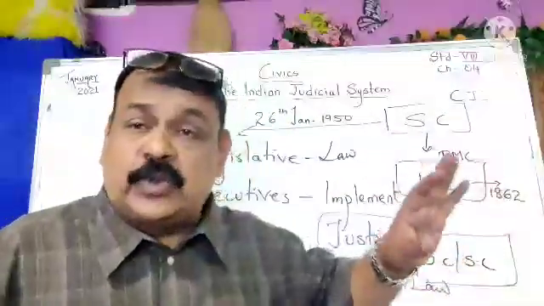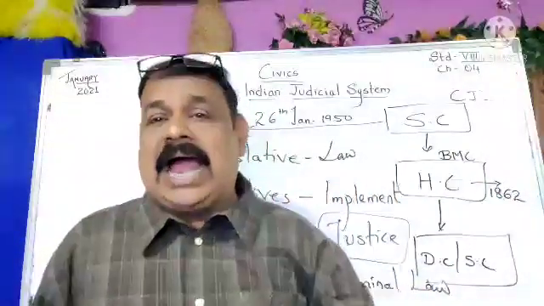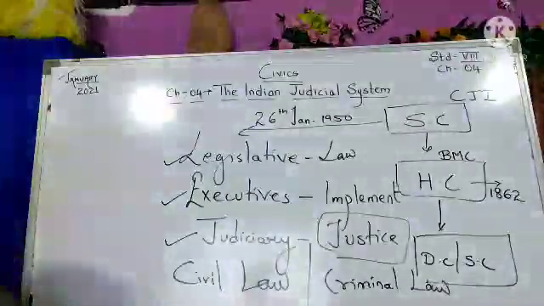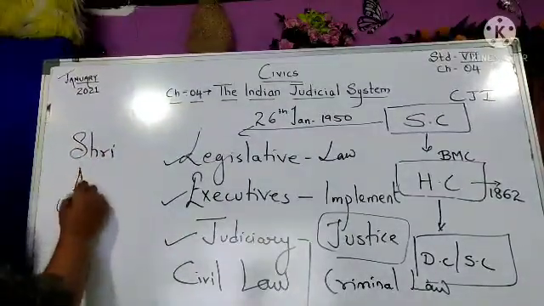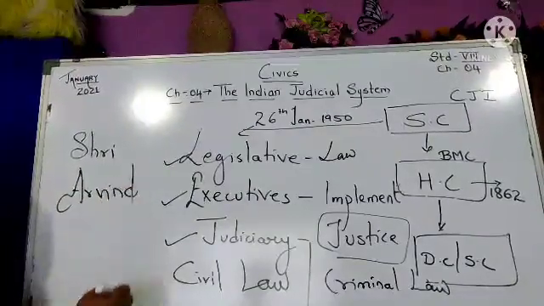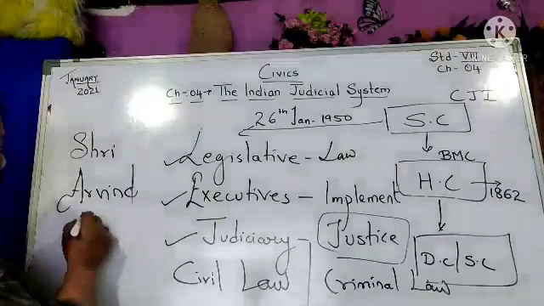Presently in India, there are 28 judges, but there can only be one Chief Justice. And the present Chief Justice of India is Shri, I'm just writing down the name, Shri Arvind. Are you with me, my dear students? Bobade.